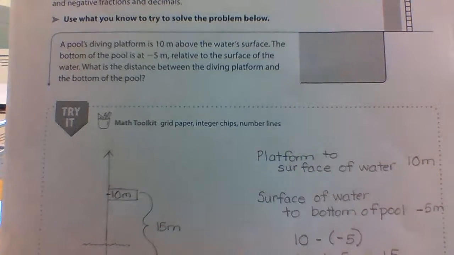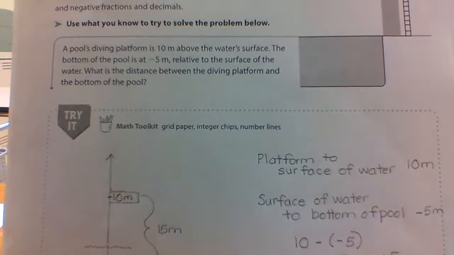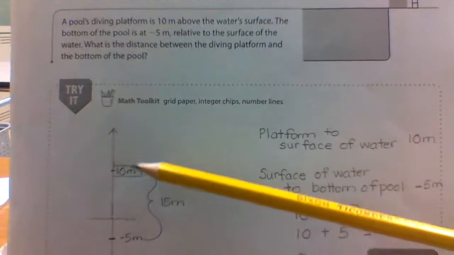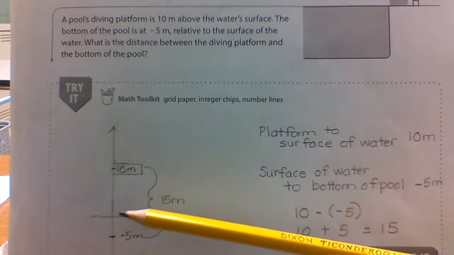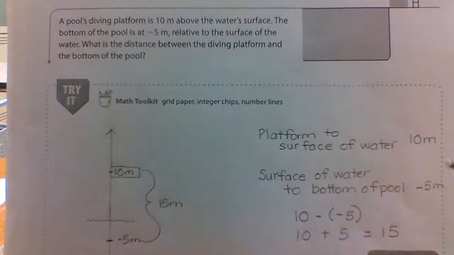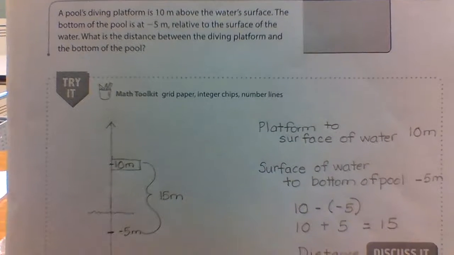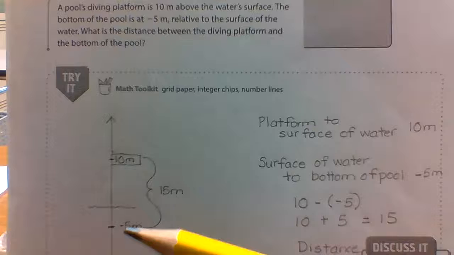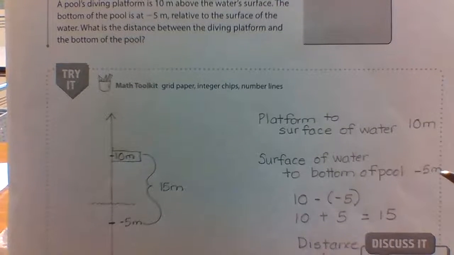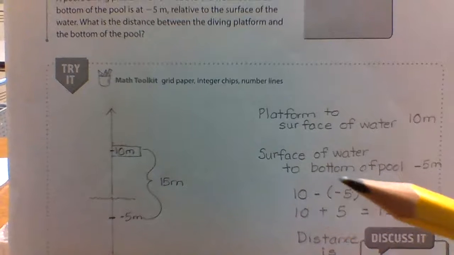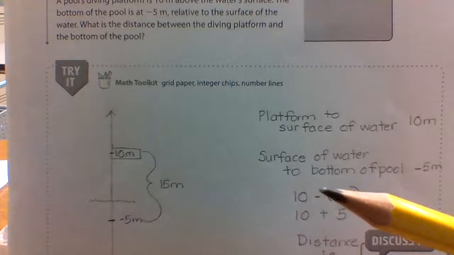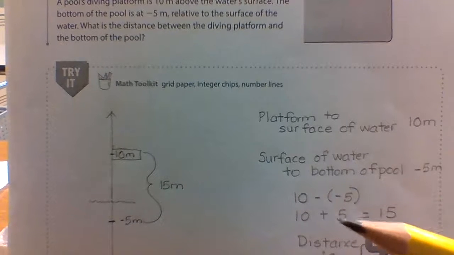We've been talking about distance in our last lesson. The distance from 10 to 0, here's the water here, would be 10. And then from the water down to your negative 5 at the bottom of the pool, right? So then we'd have 10 subtract a negative 5, which is 10 add the opposite.